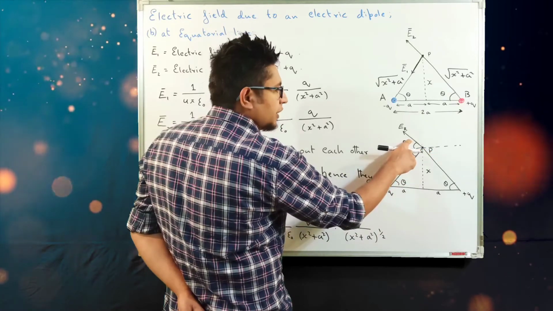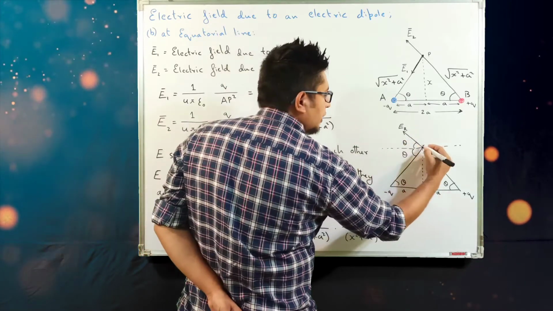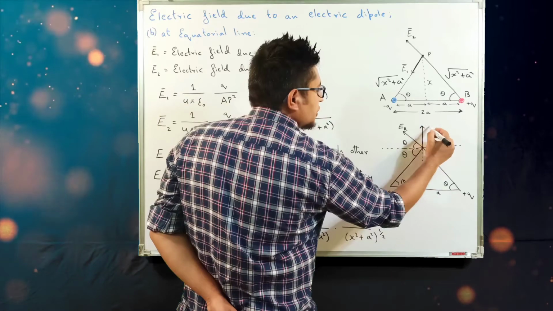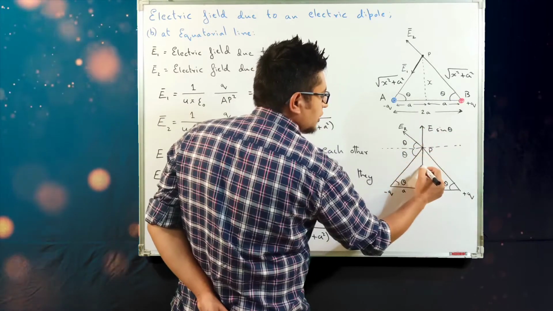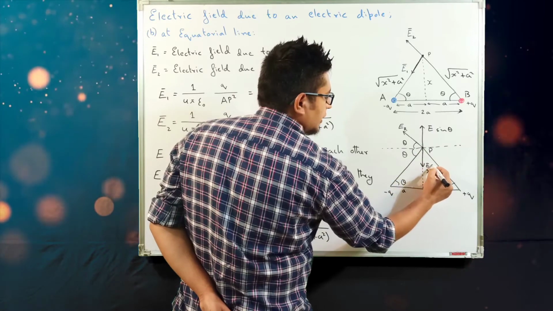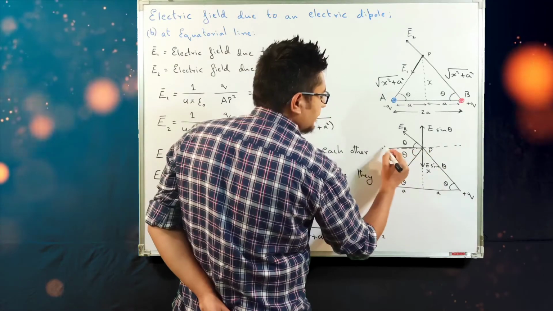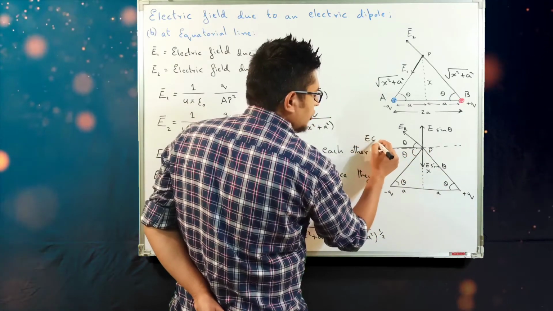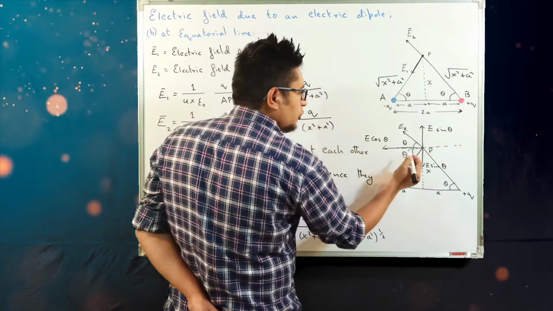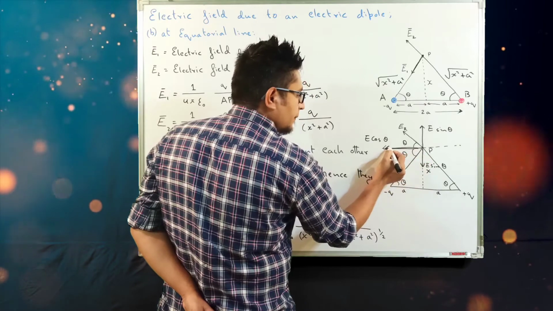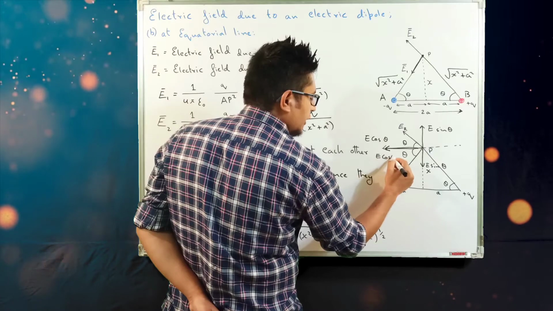Now I'm going to resolve this electric field into two components. One in this direction is E sin theta, and one in this direction is also E sin theta. Then another in this direction will be E cos theta, and one more component acting in the same direction is also E cos theta.